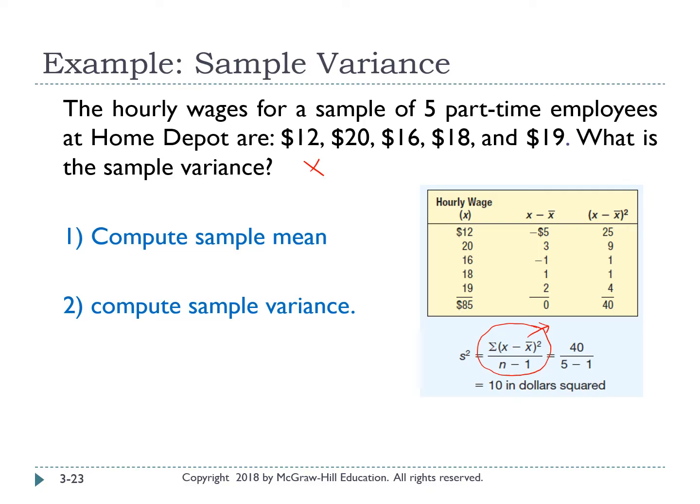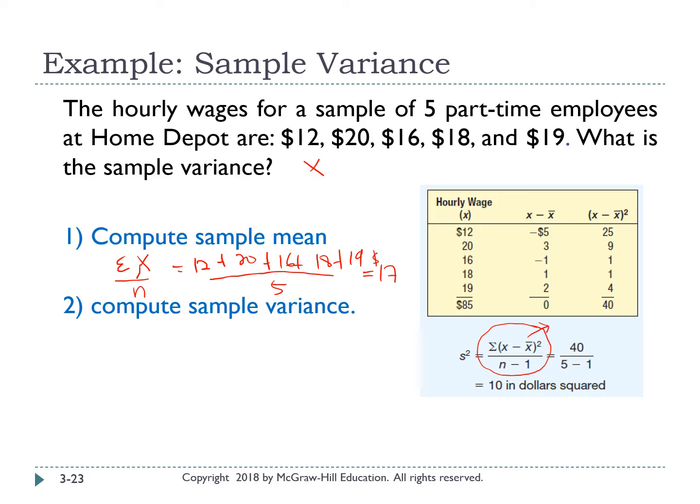So how to compute the sample mean? Summation of x over n. 12 plus 20 plus 16 plus 18 plus 19, over how many samples? You have 5. So you will get $17 as the answer.